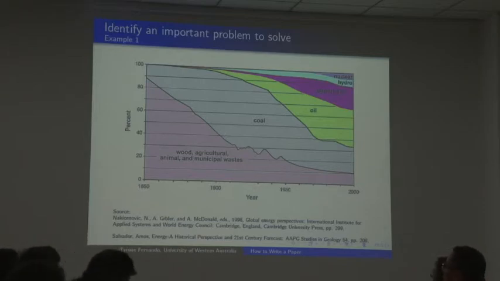Before 1850 or thereabouts, in the early part of our civilization, people relied on wood to serve our energy needs, to keep our house warm, to do cooking.